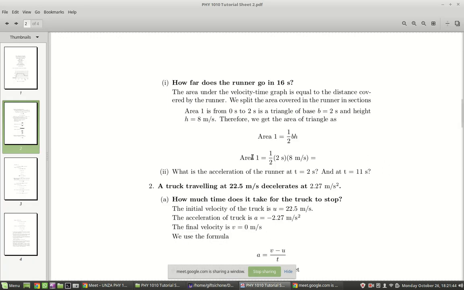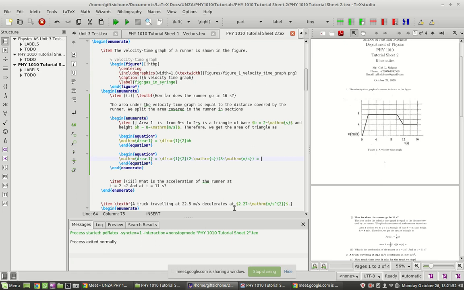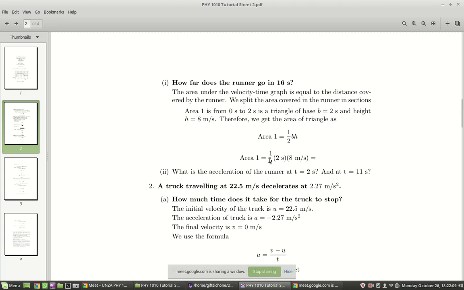There. So area 1 is equal to half times 2 seconds times 8 meters per second. How much area do we get for that? What is the area?